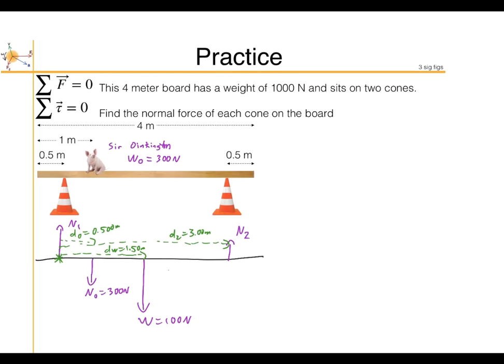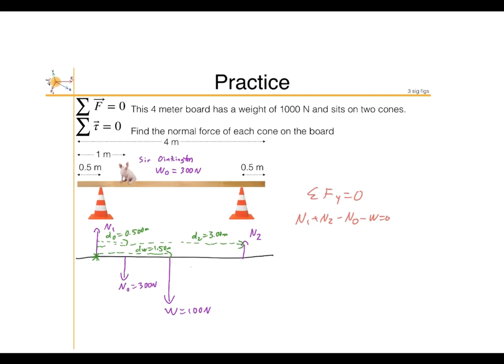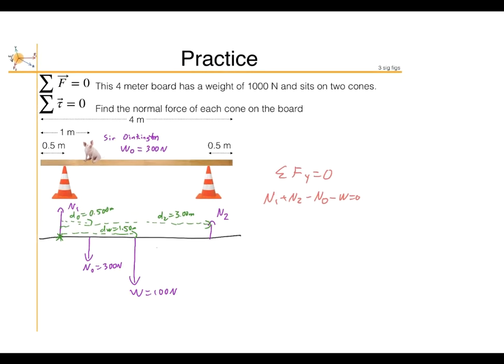So let's do it again. Sum of the forces in the y direction equals 0. N1 is upwards, N2 is upwards, and there are 2 forces downwards: the normal force due to Sir Oinkington, and the weight of the bench or the board.